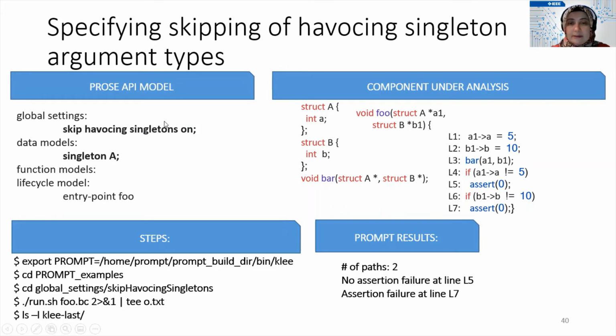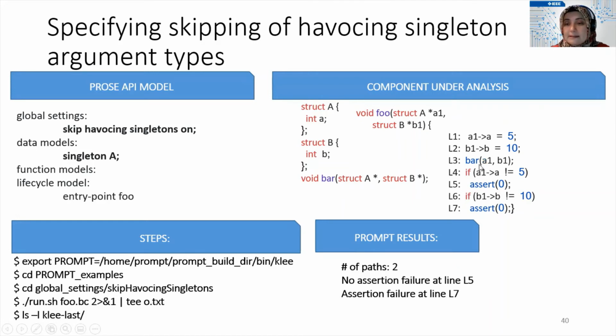then we will get a different type of behavior. So if we go back to our example, we have the struct A, and one of the parameters of external function bar is an A pointer. Another argument is a B pointer. But since we say A is a singleton, when PROMPT actually models this function, since A1's type is a singleton, it will not be havoked.